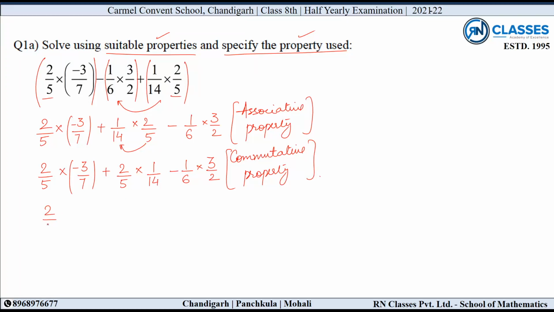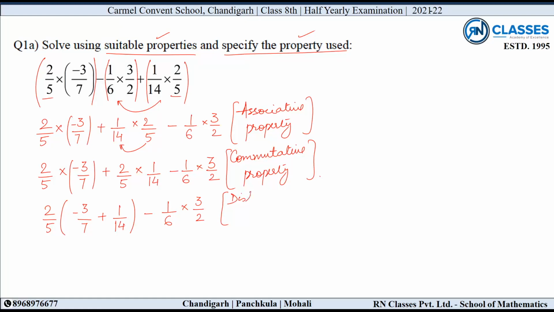2 by 5 bracket minus 3 by 7 plus 1 by 14 minus 1 by 6 into 3 by 2. So now which property did we use over here? 2 by 5 common निकाला था, means what property did we use?